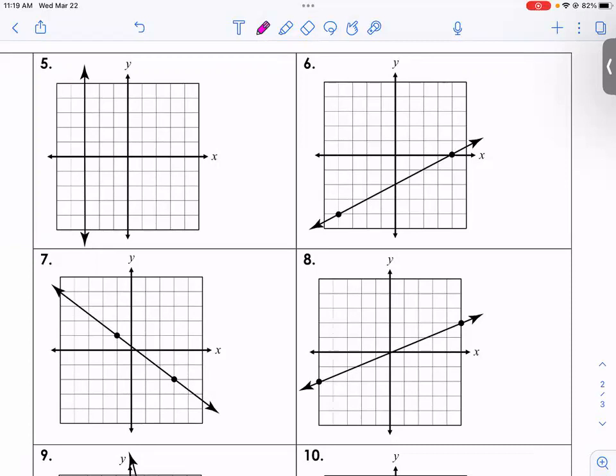Wait, what? I do the homework problem. Oh, you're so good there, I guess.